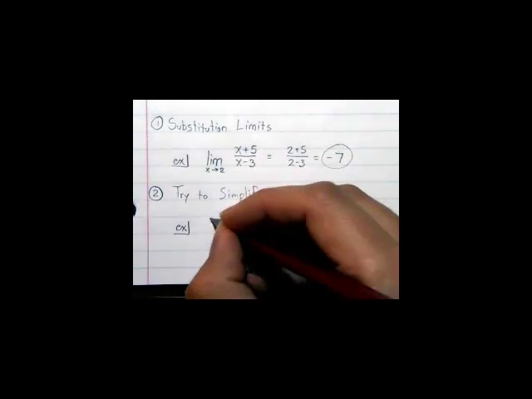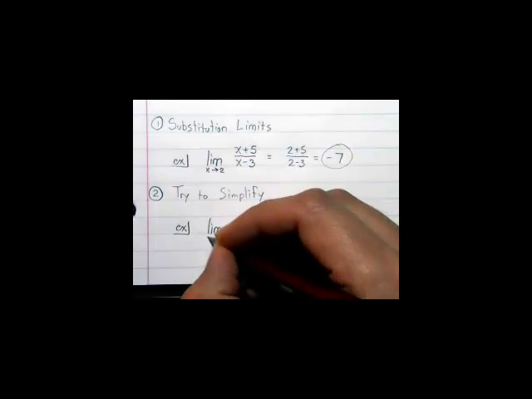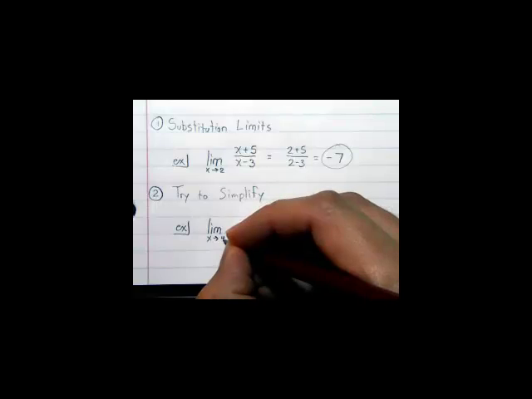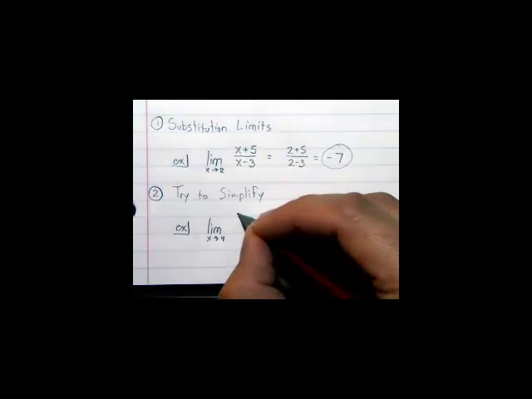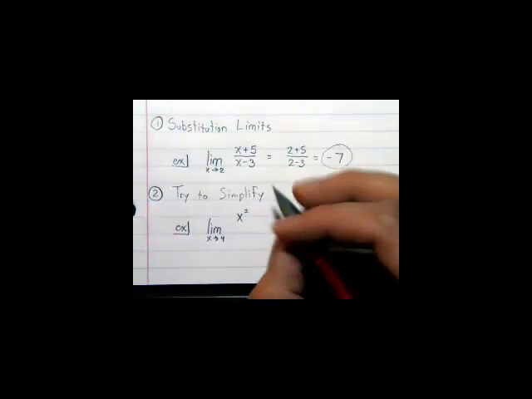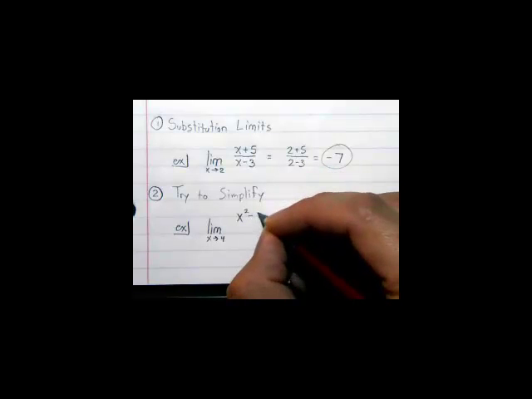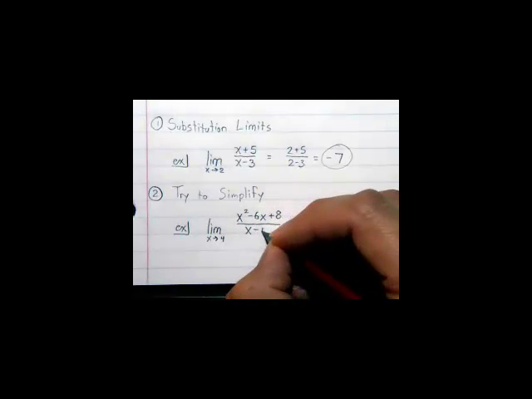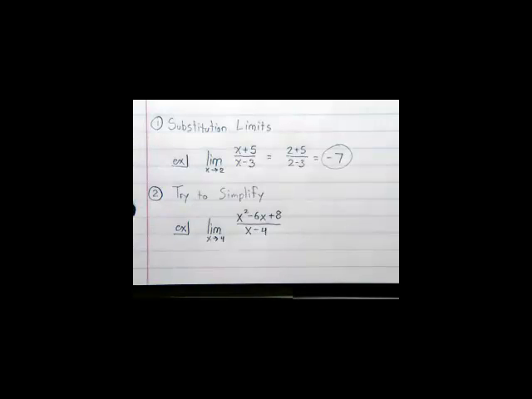So, to give you an example, let's say we get the limit as x approaches, how about 4 this time? All right, so if I try to go with this one, doing a substitution, immediately you can see the problem with that, right?